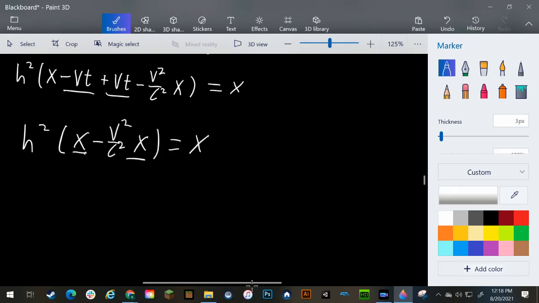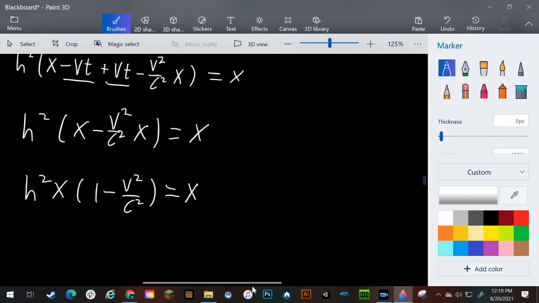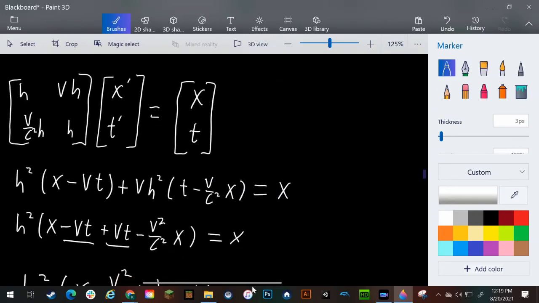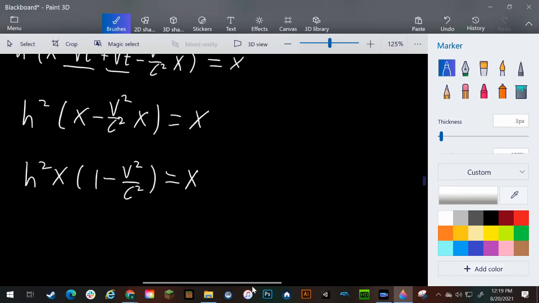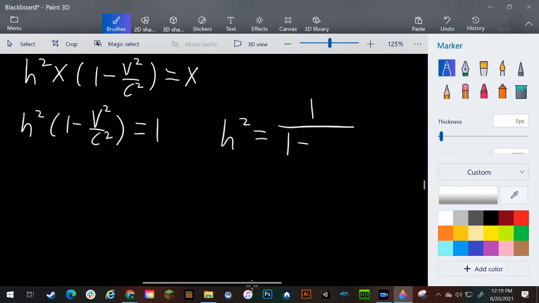And now we have an x that we can factor out of the parentheses. And that lets us cancel the x from both sides. And that's already enough for us to solve for h. We don't even have to do the second part of the matrix vector multiplication, which is great because I'm sure you're all sick of algebra by now. So to solve for h, we'll divide both sides by that term. And then we just take the square root of both sides, and we found h.